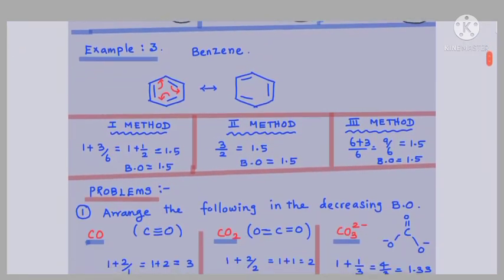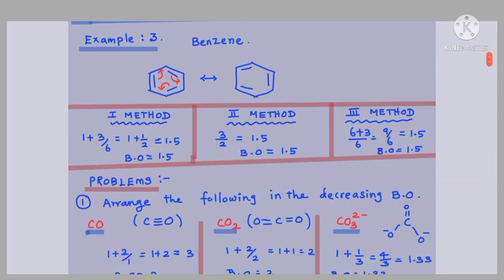The next example is benzene. This is the structural formula of benzene. We have 6 carbon-carbon single bonds and 3 carbon-carbon pi bonds, isn't it?